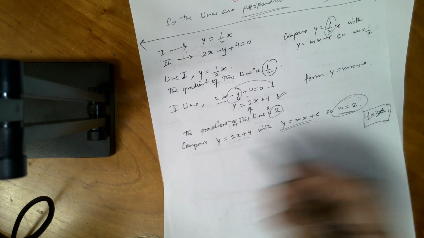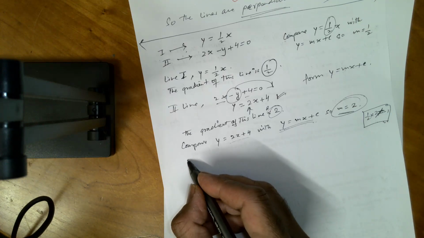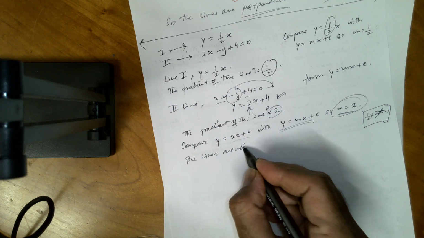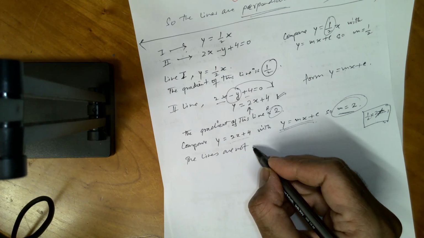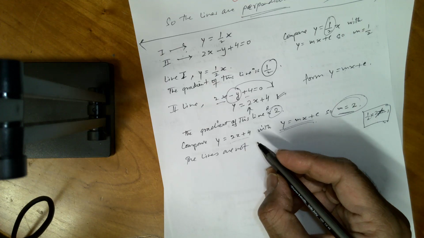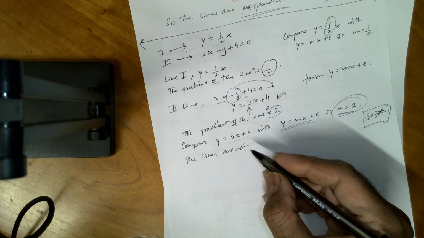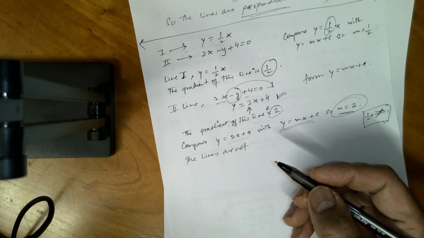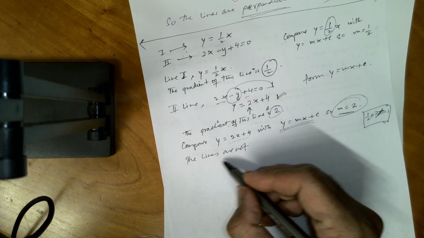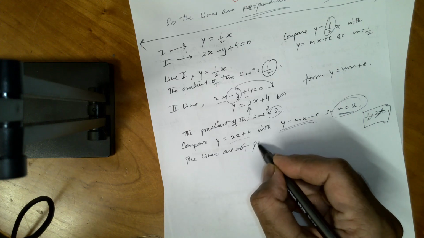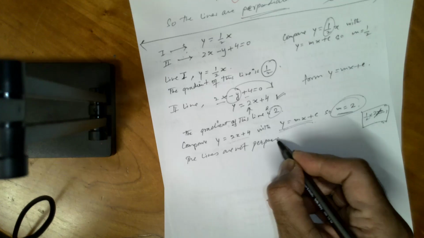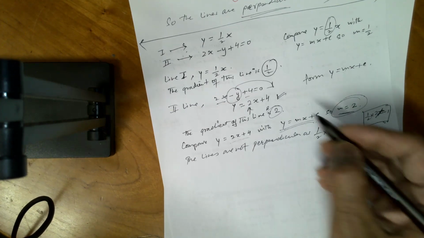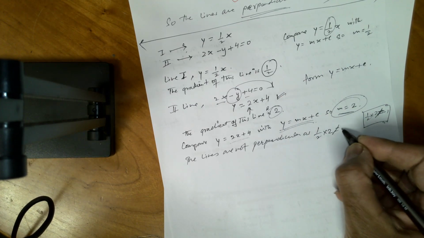So you will write that the lines are not perpendicular, as the product of the gradients, half multiplied by 2, is not equal to -1.